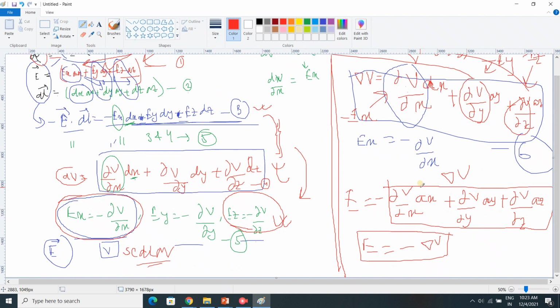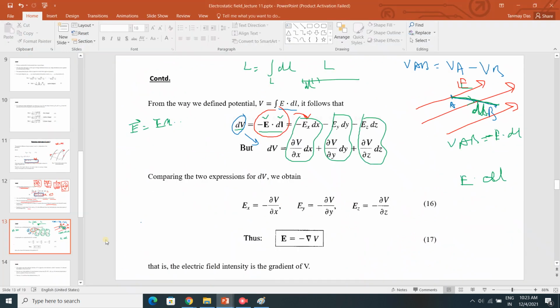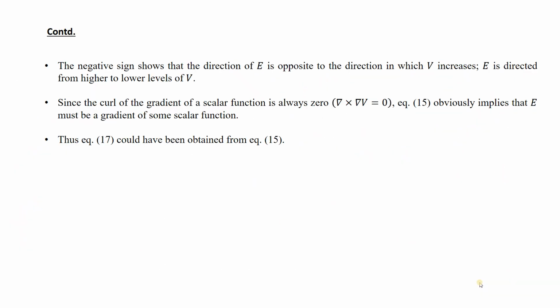After doing that, we got this equation, where we have considered del, the gradient of V. OK, so that is why we can write that E is equal to minus gradient of V. This is the conclusion. The negative sign shows that the direction of E is opposite to the direction in which V increases.